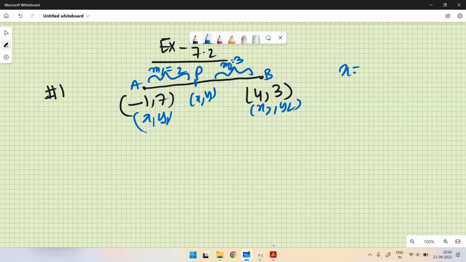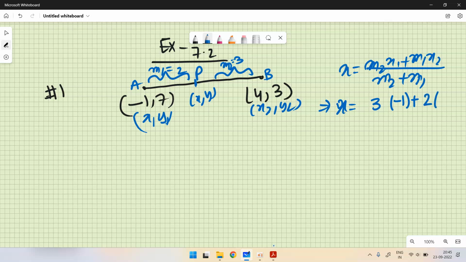Now applying the formula, x is equal to m2 x1 plus m1 x2 by m2 plus m1. So x is m2 which is 3, x1 is minus 1, plus m1 which is 2, and x2 is 4, by 3 plus 2. X is equal to minus 3 plus 8 by 5 equals 5 by 5 equals 1.